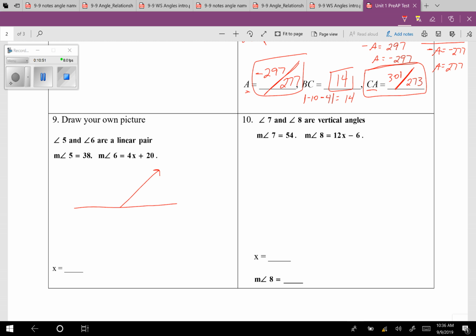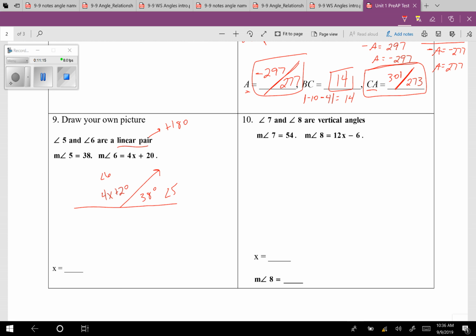So angle 5 is 38. So I'm going to put it as the smaller one, okay, because we know 38 is a little bit small. And then this is angle 5. And then angle 6 is this 4x plus 20. That's angle 6. Now, a linear pair, that means they add up to 180.